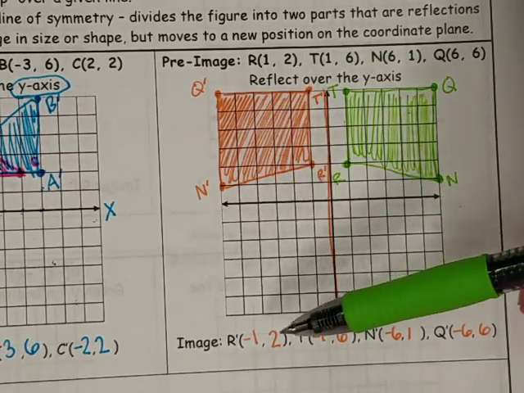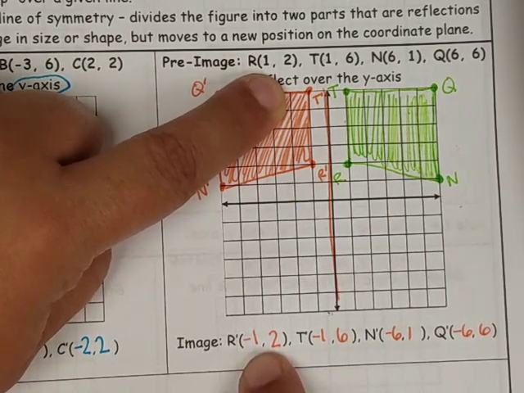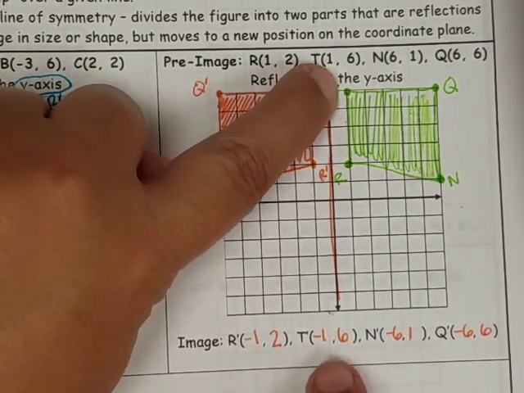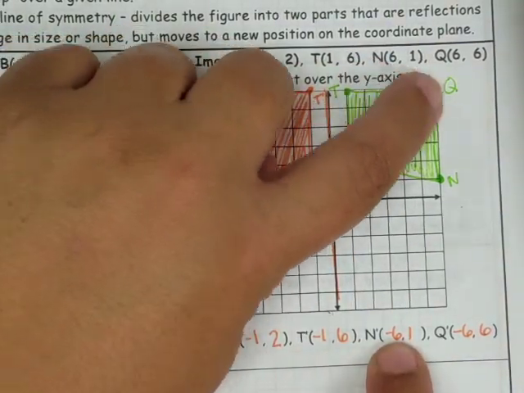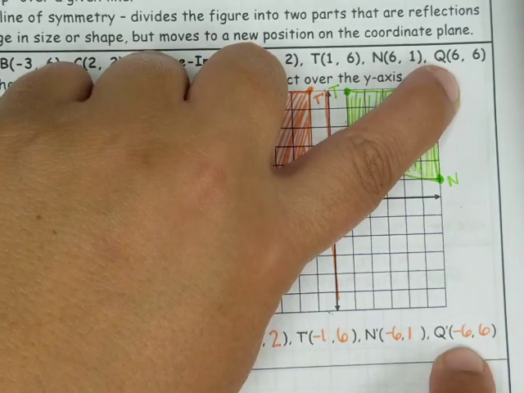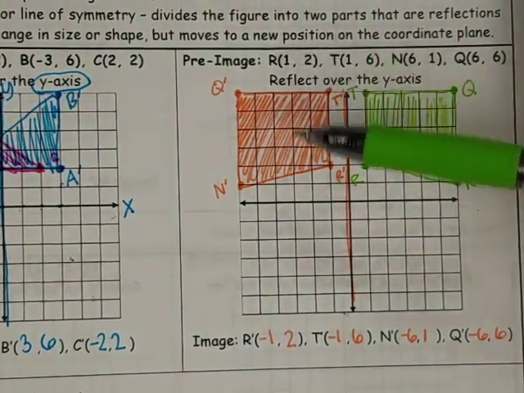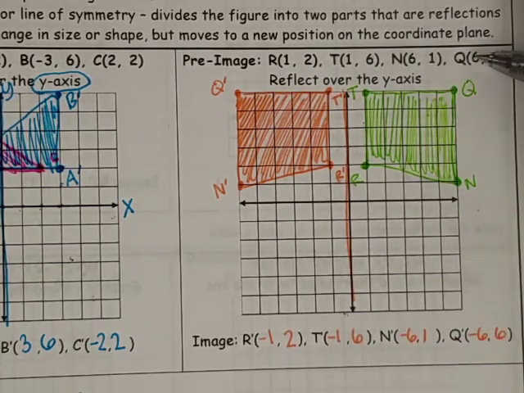Then when you name the new ordered pair, if you look at the relationship, it looks like it goes positive 1, 2, negative 1, 2. Positive 1, 6, negative 1, 6. 6, 1, negative 6, 1. 6, 6, negative 6, 6. So if you notice a pattern, all the x's became their opposite sign. So they were originally positives and then they became negatives.